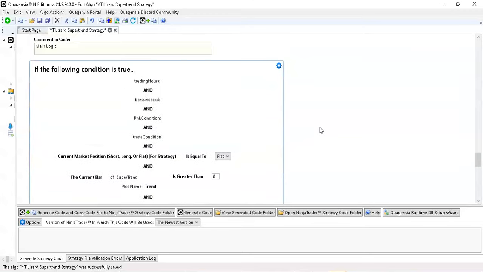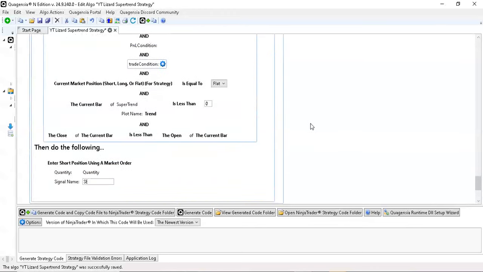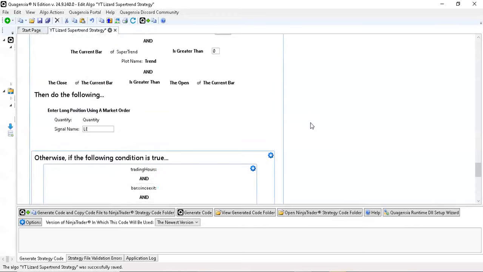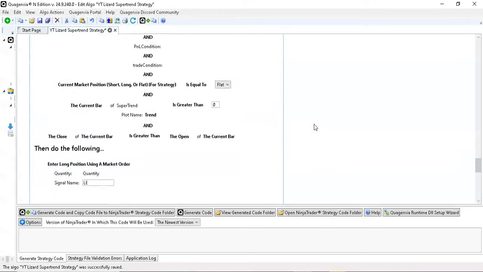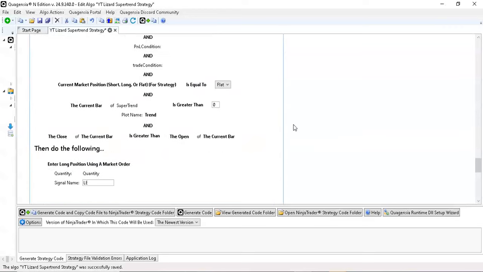Trying to figure out how to calculate the trades as they're being taken and ending. So we have to set up another condition, but this time it's going to be set within the entry conditions.